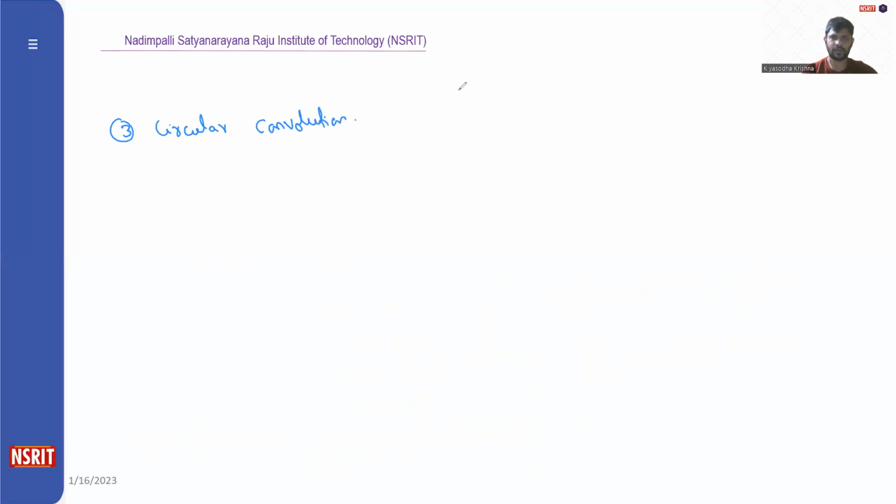The statement is about the multiplication of two time signals x1 of n and x2 of n. Of course, we know that the DFT of x1 of n is X1 of k, and the DFT of x2 of n is X2 of k.